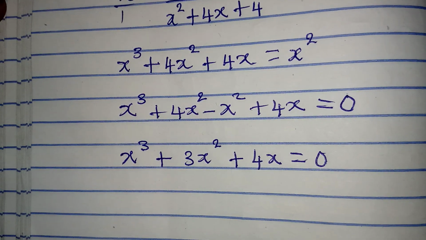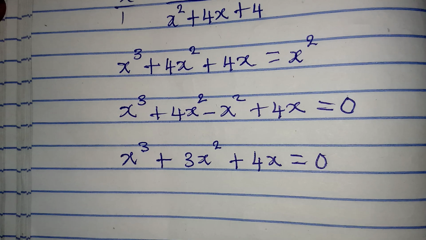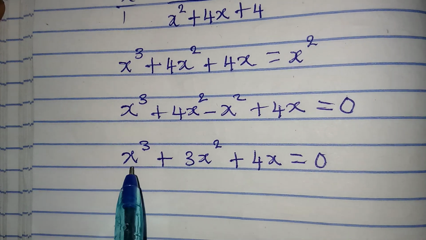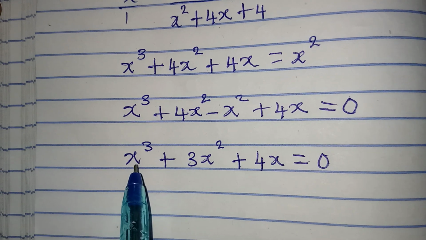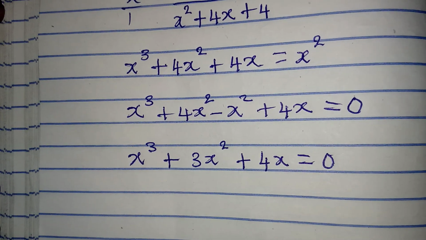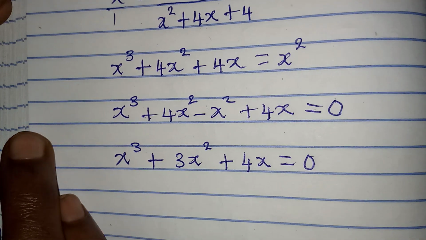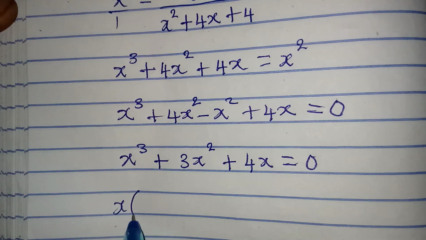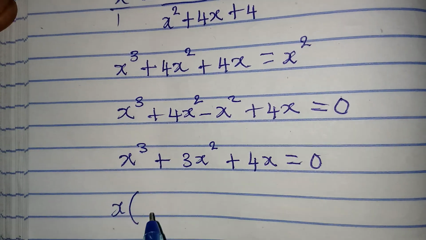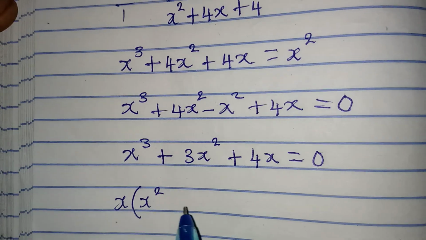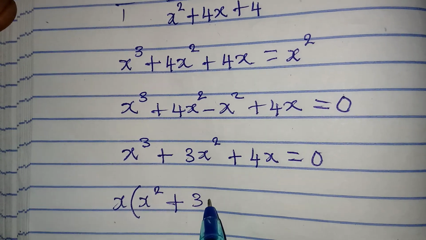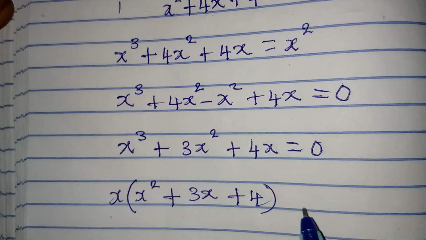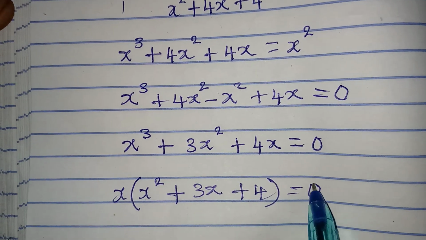And from here we can conclude that we are going to have 3 solutions because this is polynomial of degree 3, right? Meaning there should be 3 solutions. And now the next step to take is to factor out x, since it is common to the 3 of them. Here we'll have x squared plus 3x and then plus 4. This will be equal to 0.